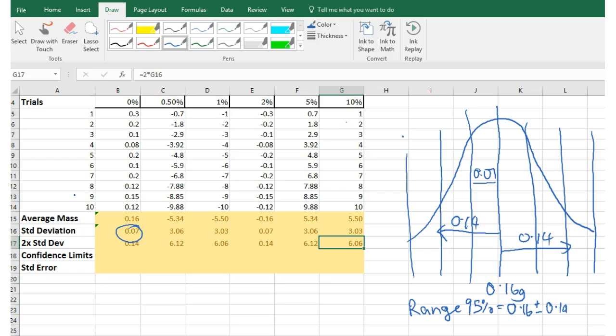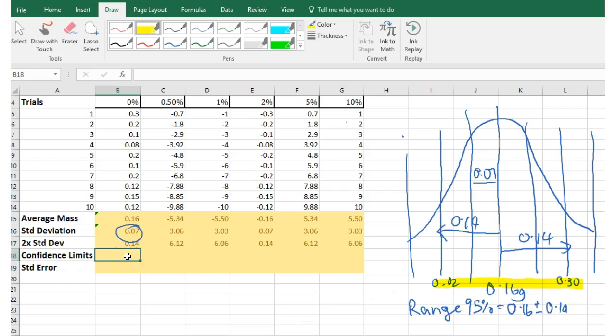So the lowest one here, if you take 0.14 off 0.16, that's going to be, remembering this on a Saturday afternoon, 0.02. And the highest of my data that I want to accept is going to be 0.30. So that's my acceptable range. 95% of my data is going to range from 0.02 up to 0.30.